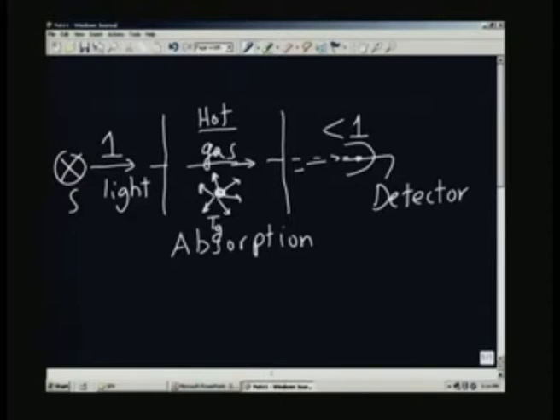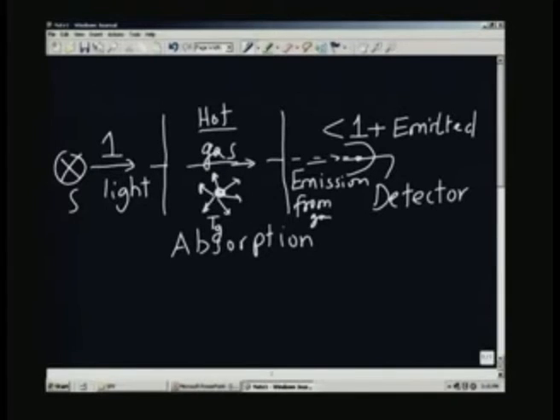So, we will say emission from the gas. So, plus that less than 1, because the light leaving the source is reduced because of the passage through the gas, but plus the emitted.